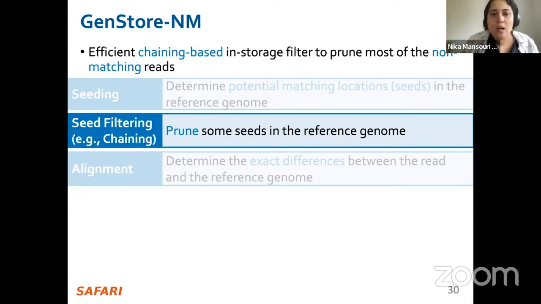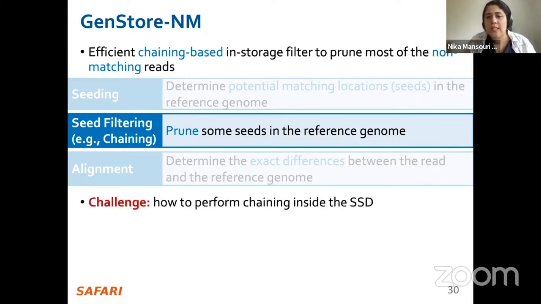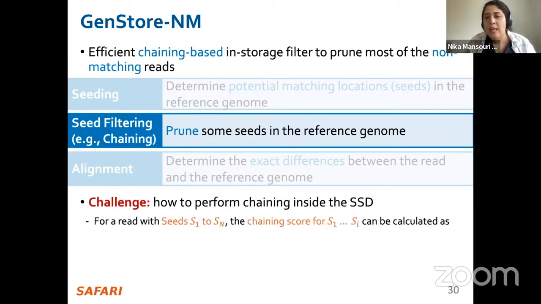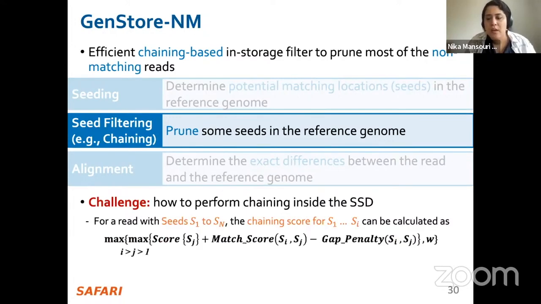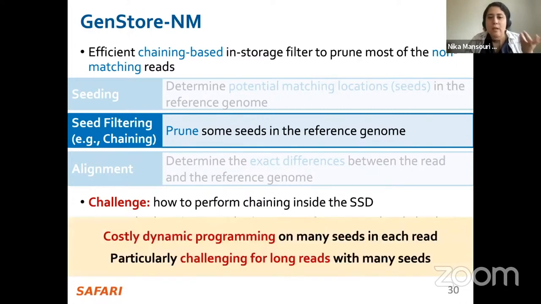But calculating a chaining score in the SSD can be challenging, because finding the best chaining score requires performing many iterations of a dynamic programming algorithm for all seeds within a read. This can be particularly challenging for long reads, since they have a large number of K-mers per read. They can be around, I don't know, 1 million characters.